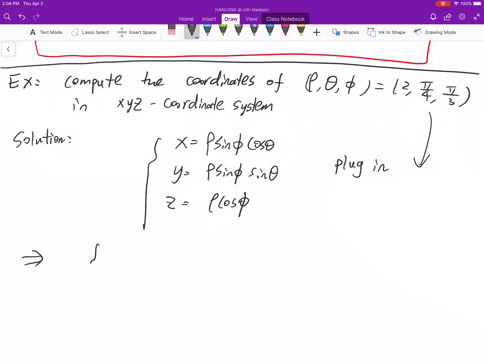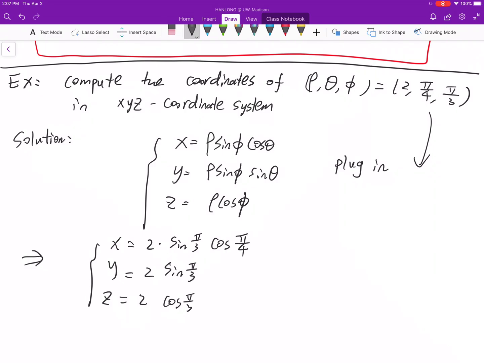You have x, y, z equals 2 times sine pi over 3, sine pi over 3, cosine pi over 3, and then cosine pi over 4, sine pi over 4.